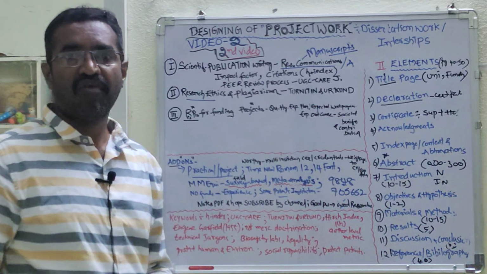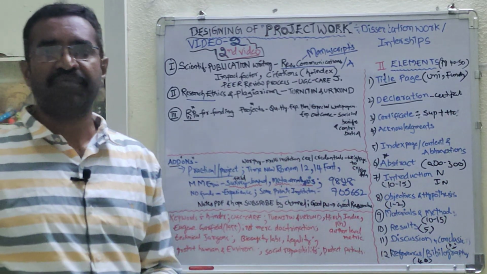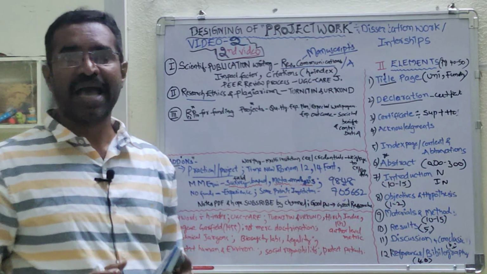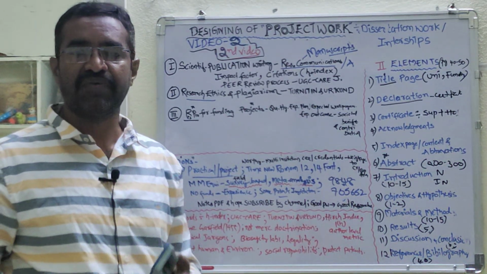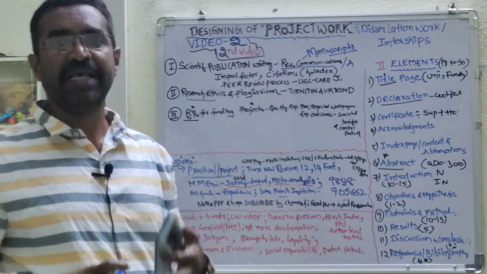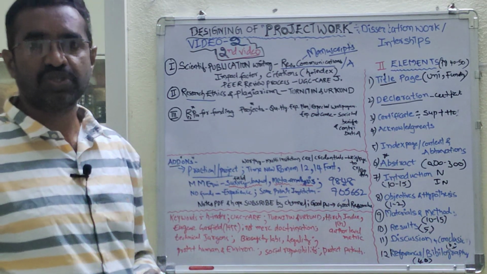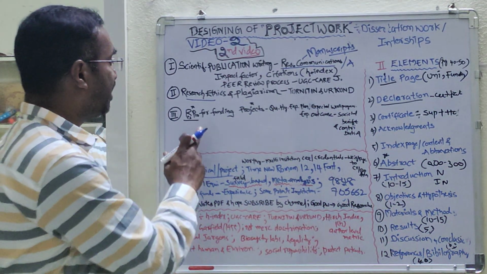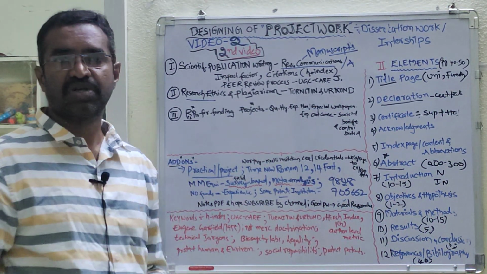Why? Because after getting a good exposure from a great project work, whenever you take up higher studies such as a PhD, you will become an efficient scholar, researcher or scientist, writing research projects for funding.